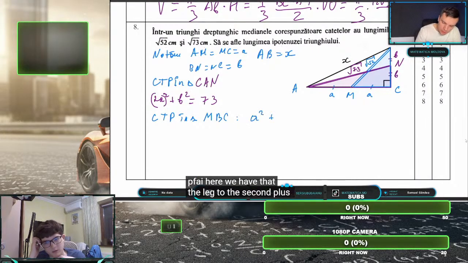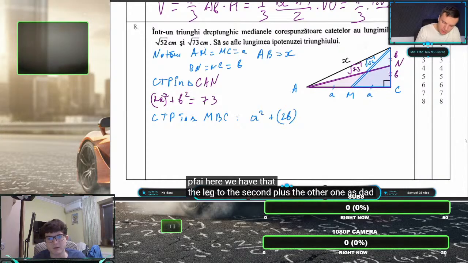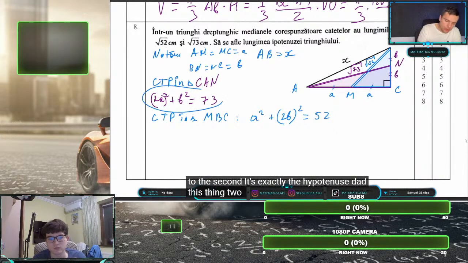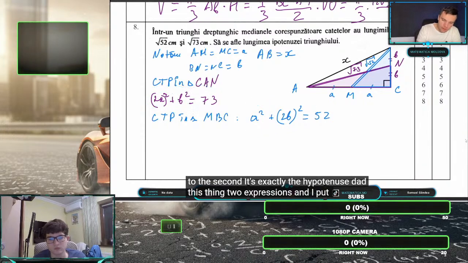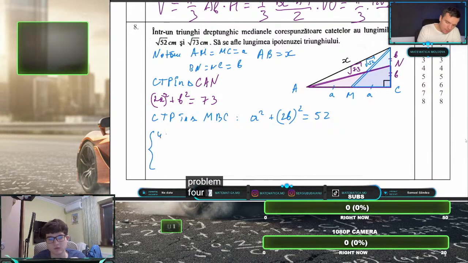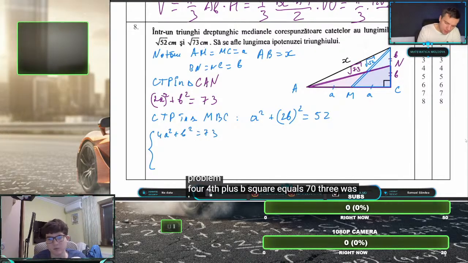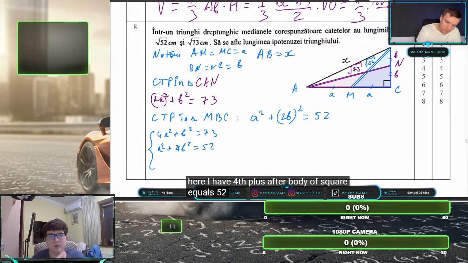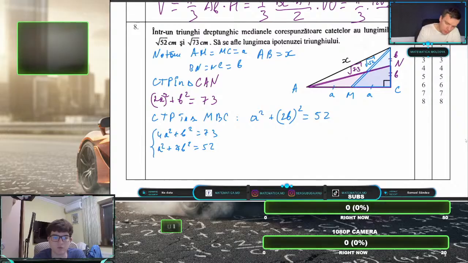Yeah, we're gonna do some system of equations, I guess. That's 52. Pop A, pop B, and then find x. Yeah, I'm a genius, yeah. I knew it was gonna be like this. No formulas needed here, just Pythagorean theorem, which is easy.